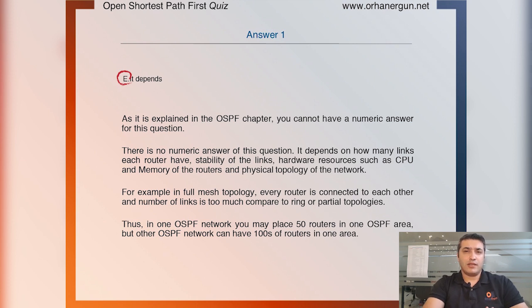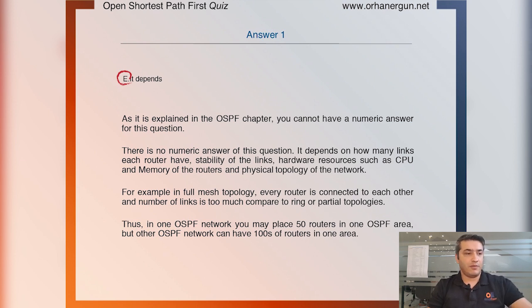It depends on the network topology. If it's full mesh, each and every router is connected to others, right? If it is hub and spoke, we just have spokes connected to hubs. If it is ring, every router is connected to two other routers. So it depends on the topology, the number of devices in the network, the stability of the links between the devices, and the hardware of the devices.